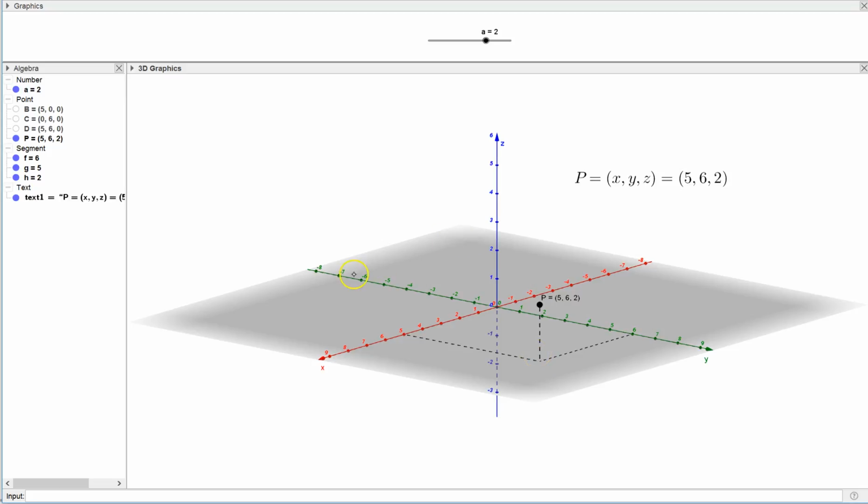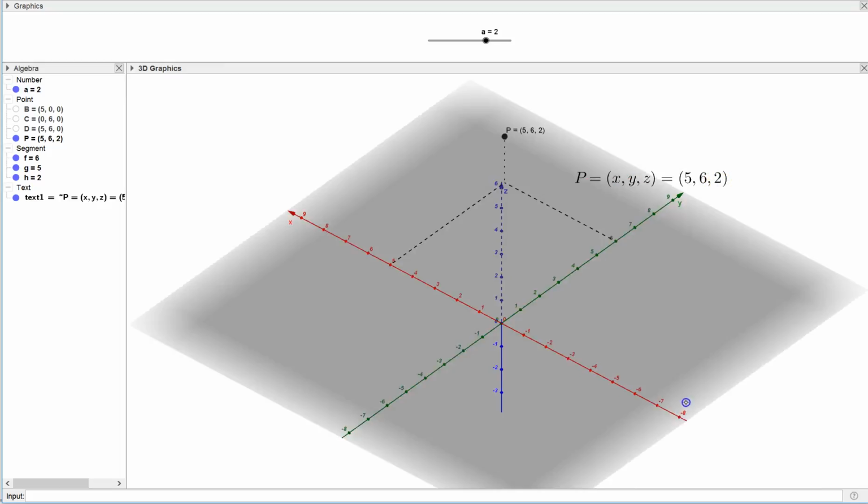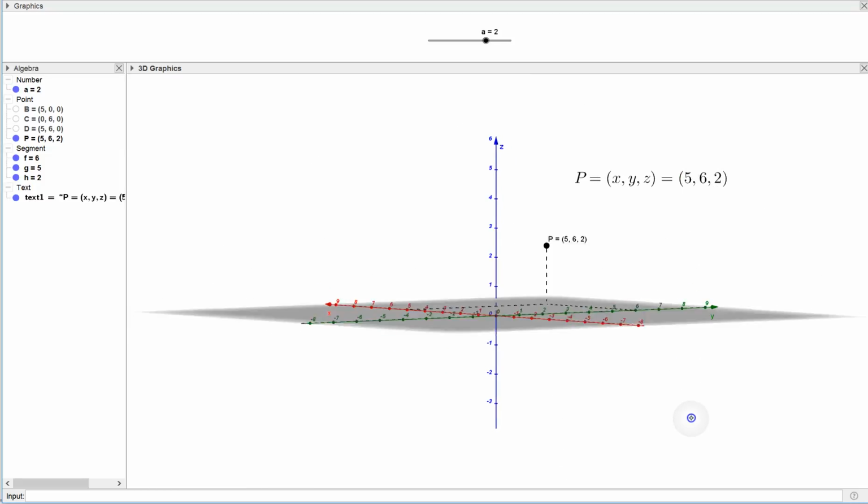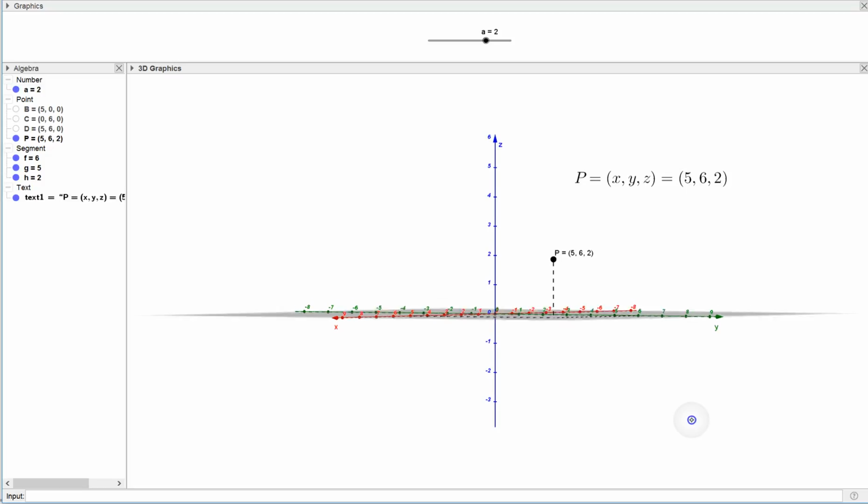So notice I've got the xy plane drawn here and shaded gray, just to give you an idea where that's at. And then since z is 2, we're above that 2 units. So as you can see, we are up 2 units on the z-axis there.